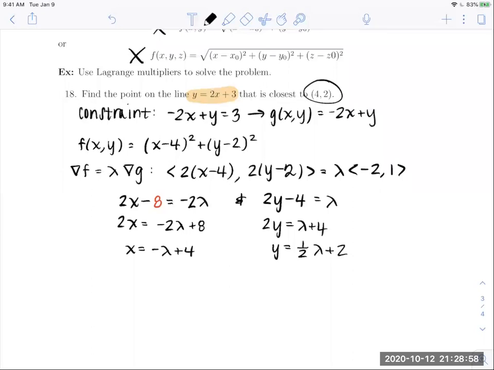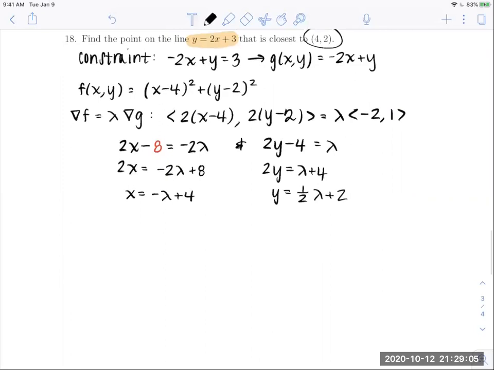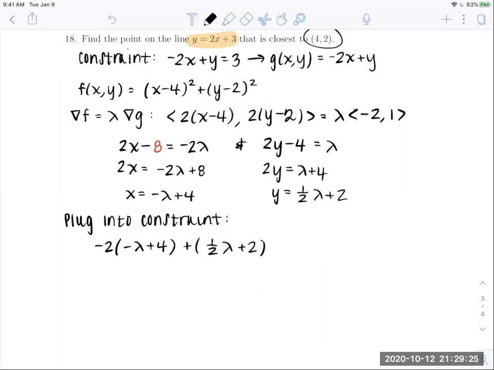So now that we have expressions for x and y in terms of lambda, let's plug these expressions into the constraint equation. All right, so I have negative 2 times my x plus my y equals 3. So we're down to one equation, one unknown.